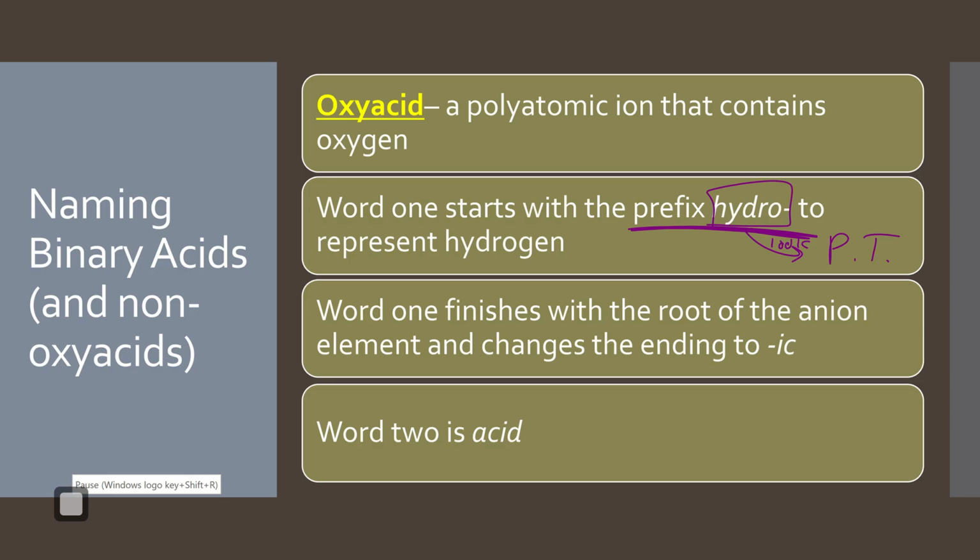It's the word acid that tells you you're going to start with hydrogen and then something else. But hydro says grab that other element off the periodic table.